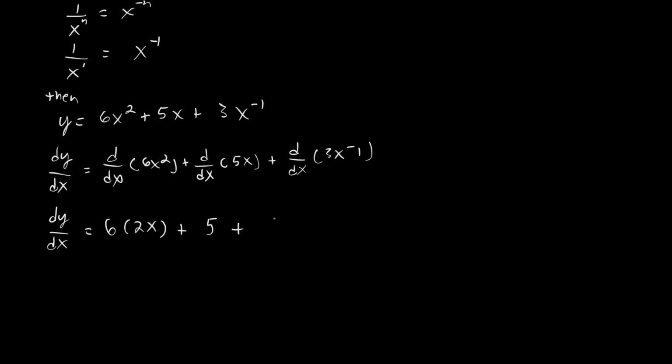For the derivative of 3x raised to negative 1, we copy the 3 and take the derivative of x raised to negative 1. We bring down negative 1 and the exponent will become negative 2, since negative 1 minus 1 is negative 2.